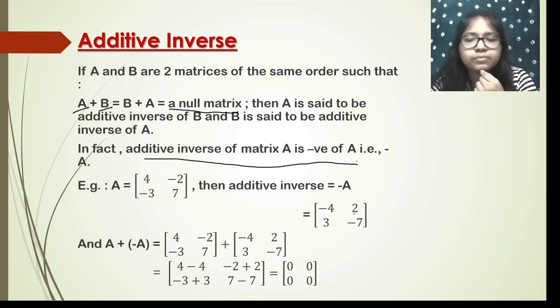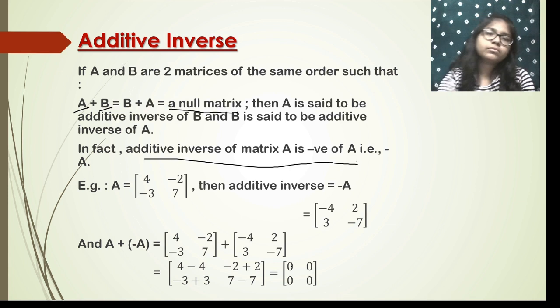Minus 2: minus of minus 2 is 2. Minus 3: minus of minus 3 is 3. 7 becomes minus 7. And if we add the matrices, see here, proof is also given. It's not proof, it's an evidence. Also given, it is becoming a null matrix.